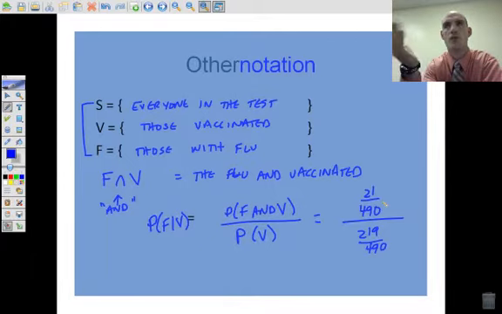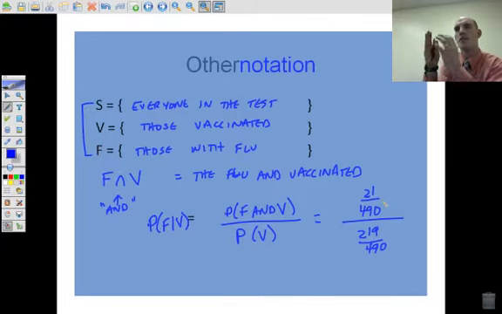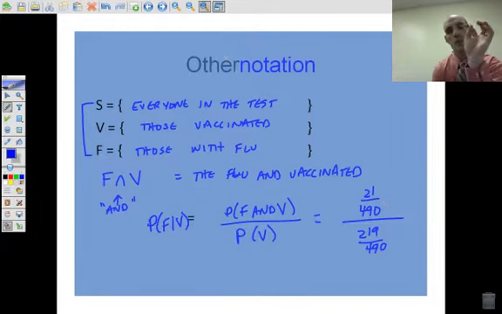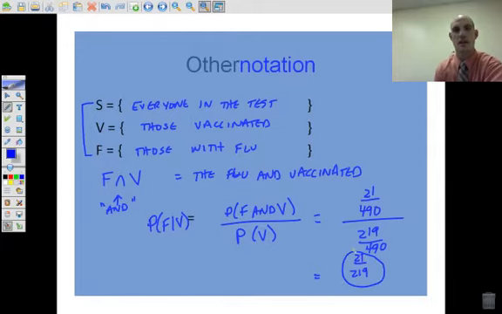There were 490 total, and if they got vaccinated and had the flu, they're in that one little upper quadrant that's just 21 people. So this fraction really is represented by 21 over 219. This is the probability that they have the flu given that they got vaccinated. That's how conditional probability works. It's taking a subset of a larger group and asking what's the probability within that smaller set.